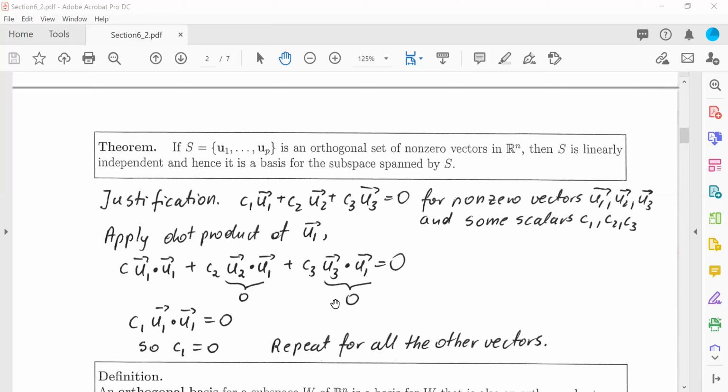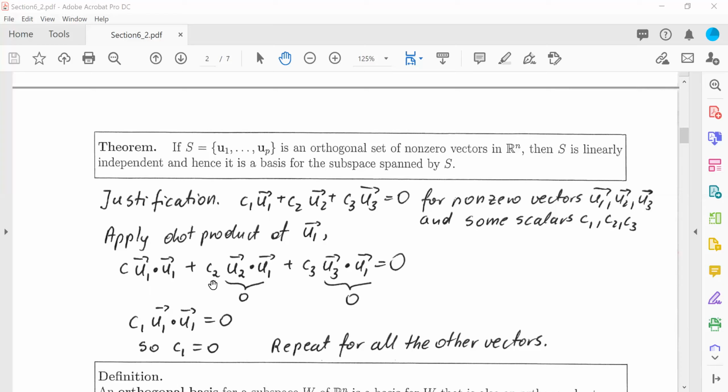Now we know that the vectors are orthogonal. If they are orthogonal, then the dot product of each pair is 0. So this is 0, this is 0, but not the dot product of a vector with itself. That would be the length squared. Since this is a non-zero vector, the dot product is not 0.